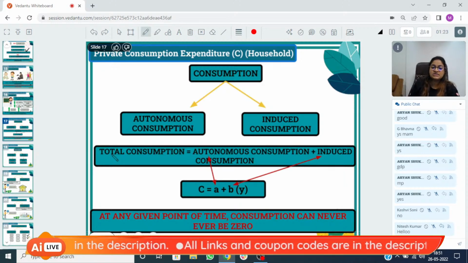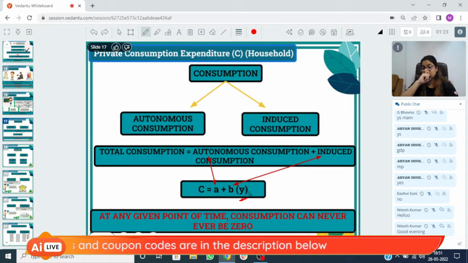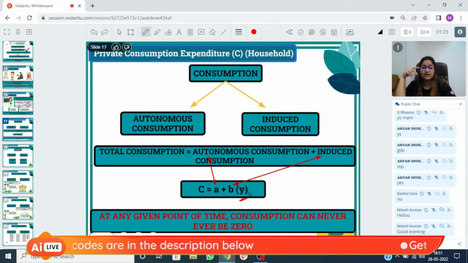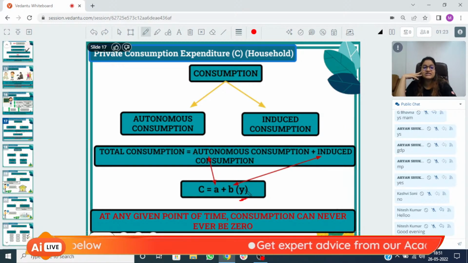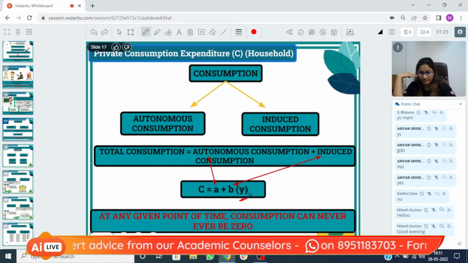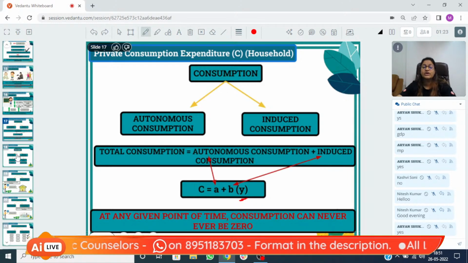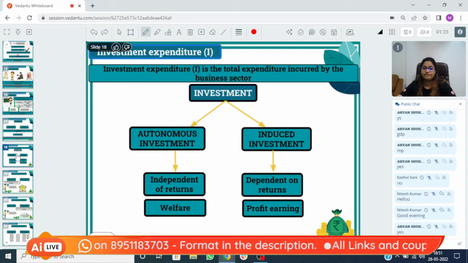In economics, we denote income as Y. क्यों? Since we yield income, therefore income in economics is denoted as Y. Correct? At any point of time, consumption can never, ever be zero. Consumption is always more than zero. It is always positive. Correct?